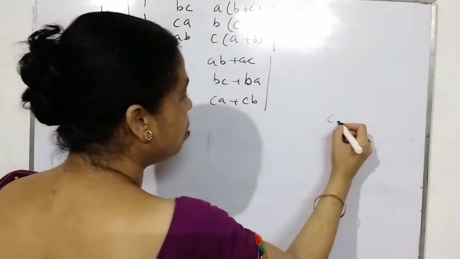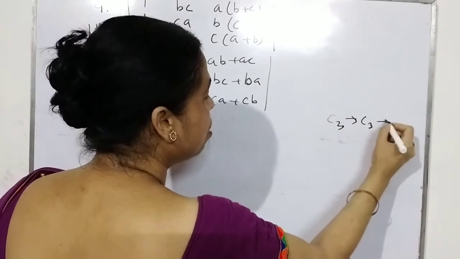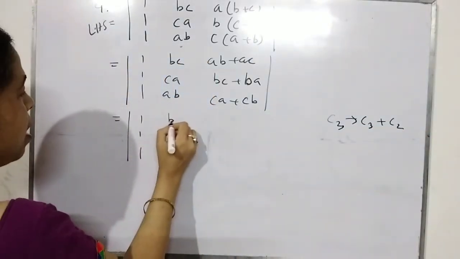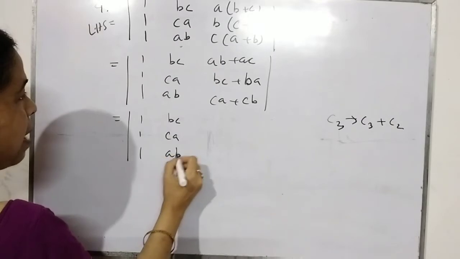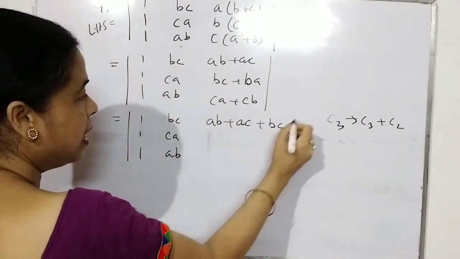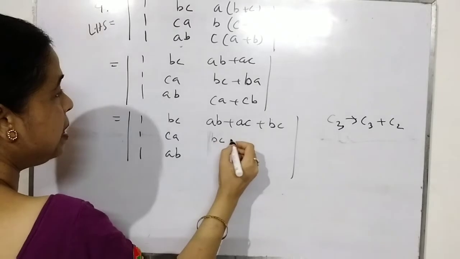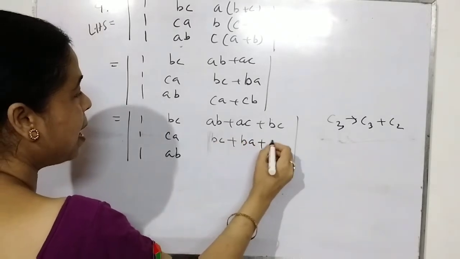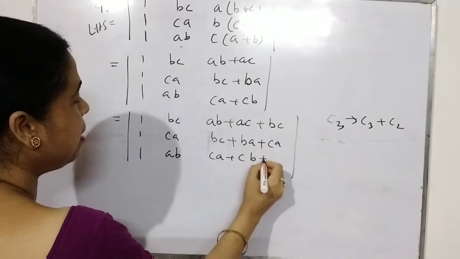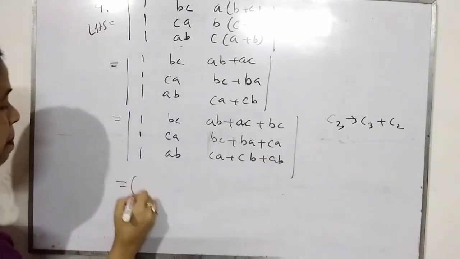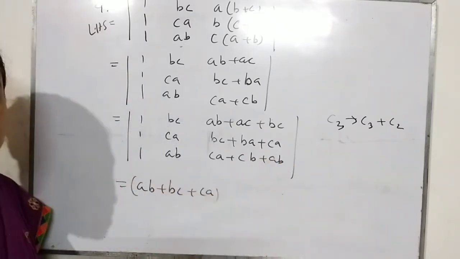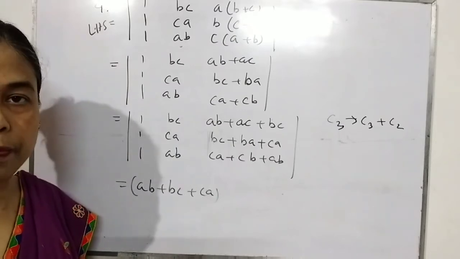So what are we going to do? Let us replace column 3 by column 3 plus column 2. Here 1, 1, 1; BC, CA, AB; and I am adding AC with BC, then the second is BC plus BA plus CA, and here CA plus CB plus AB. Then AB plus BC plus CA comes common from the third column.